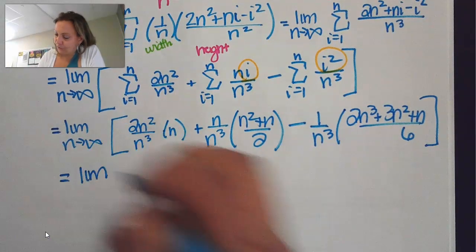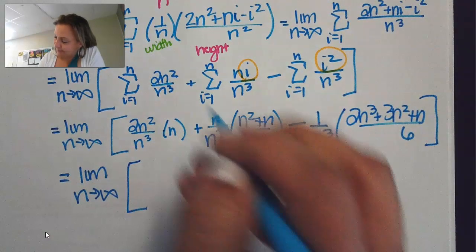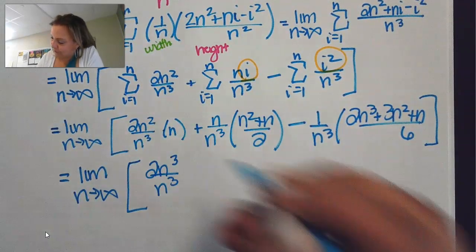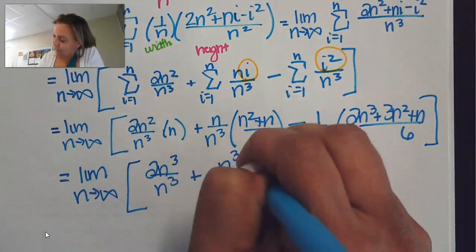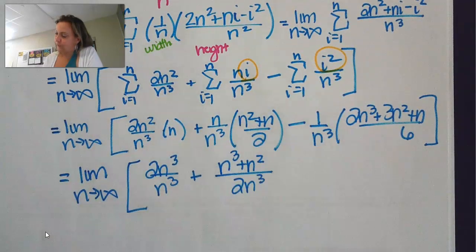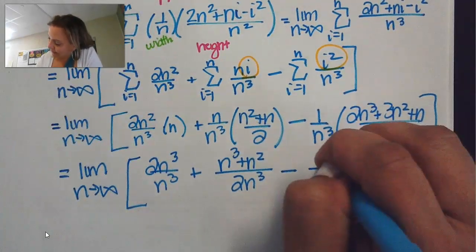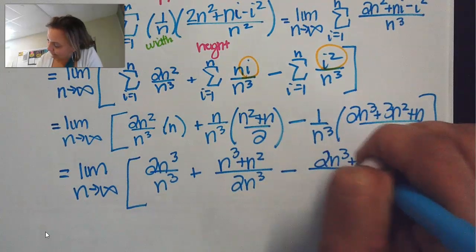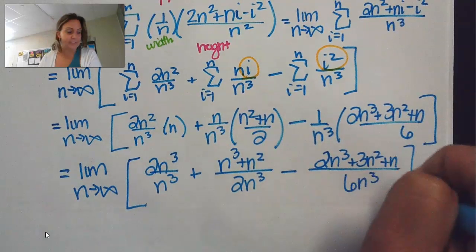All right, so then again, let's just look at each of these terms. This is going to be 2n cubed over n cubed. This will be n cubed plus n squared over 2n cubed. This is going to be 2n cubed plus 3n squared plus n over 6n cubed.